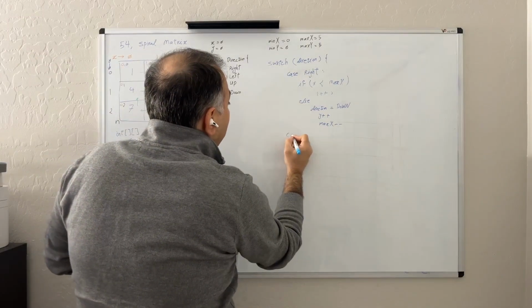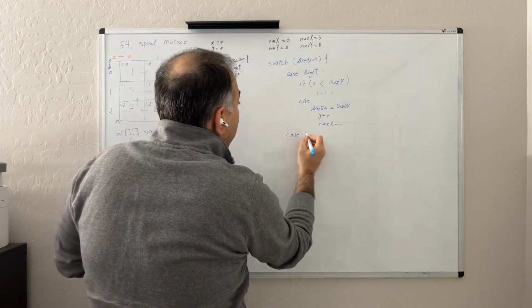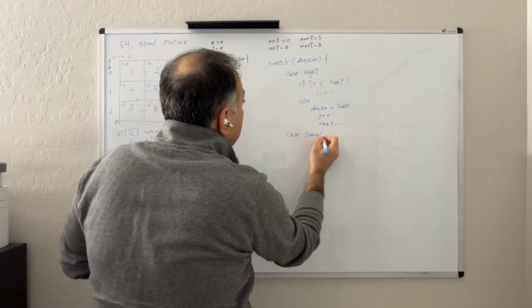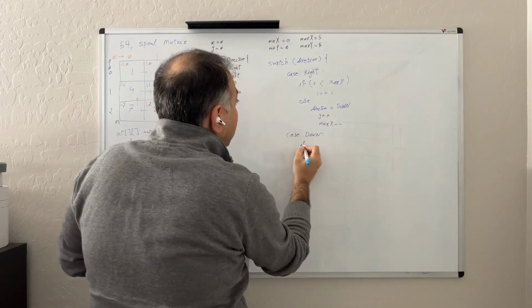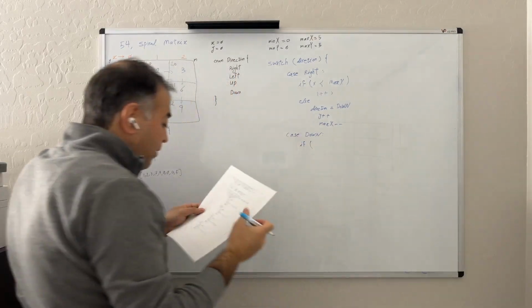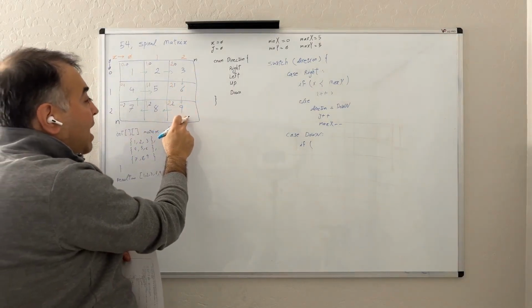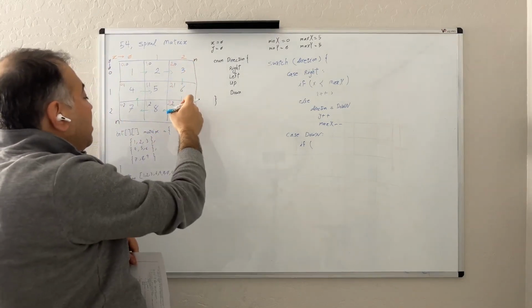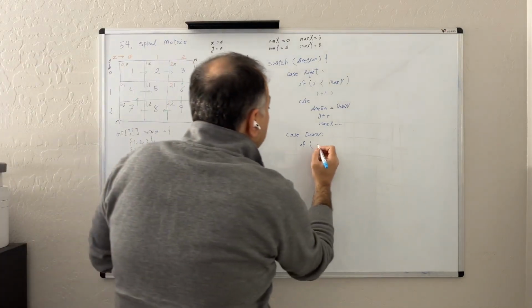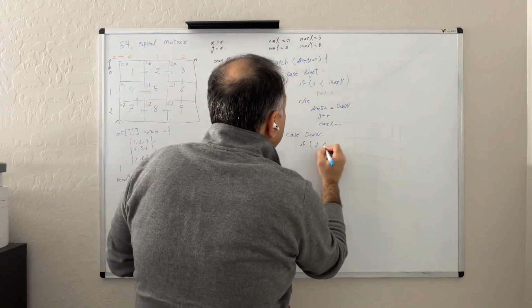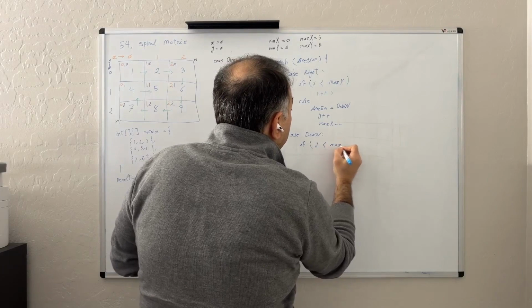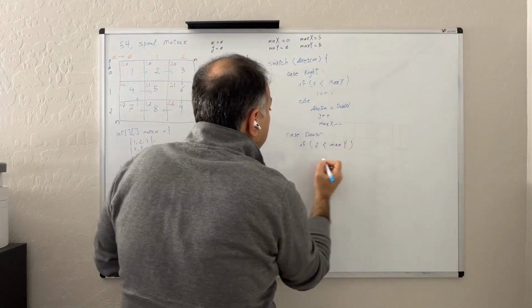What happens when I'm going down? We need to check the same things. First, we need to make sure that we are not reaching the last item or the item after the last item. So we always need to make sure y is less than maximum y.